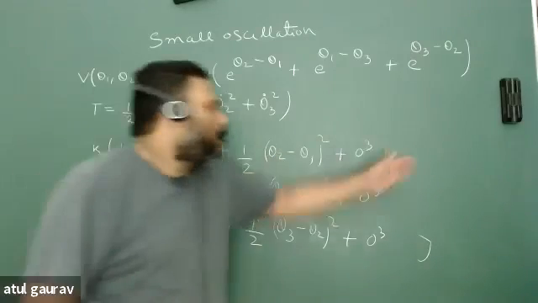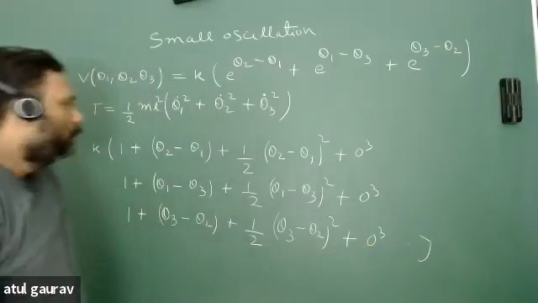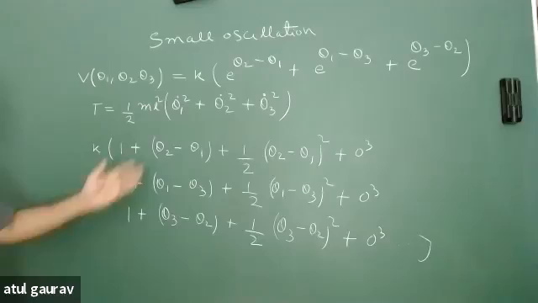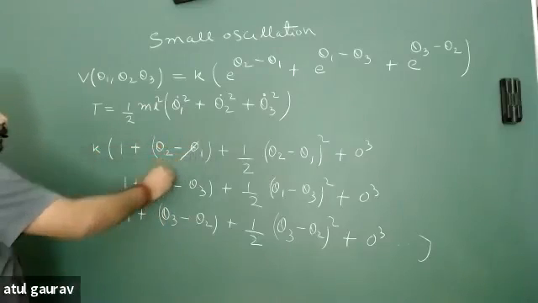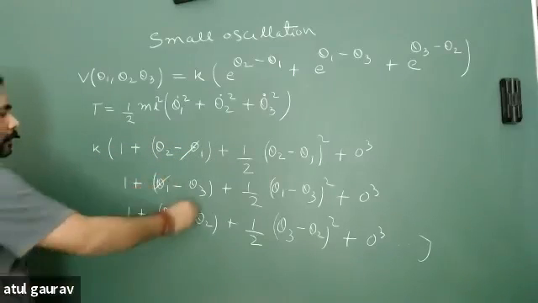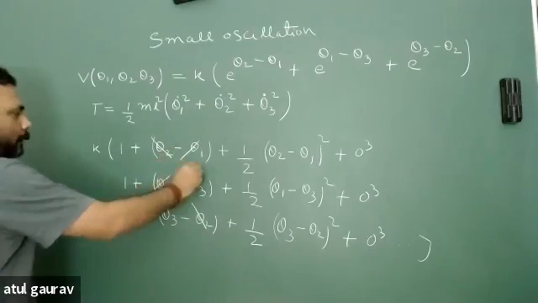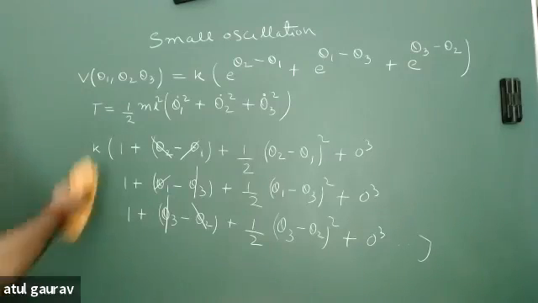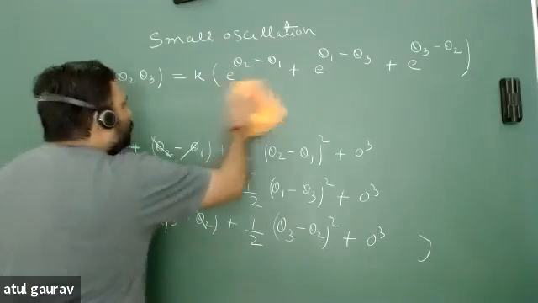We can just neglect all this, but this term, you can see, is so symmetric that this theta 1 is cancelled, this theta 2 is cancelled, this theta 3 and this theta 3 is cancelled. So what will happen? There is some constant term.